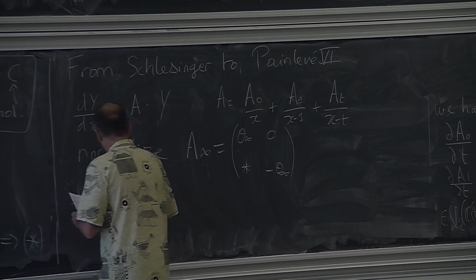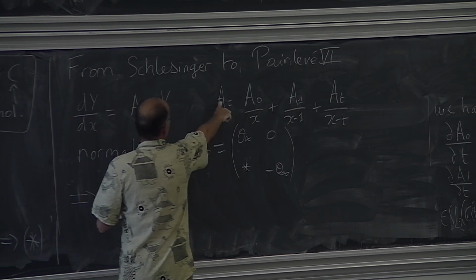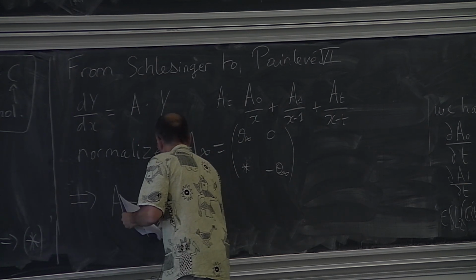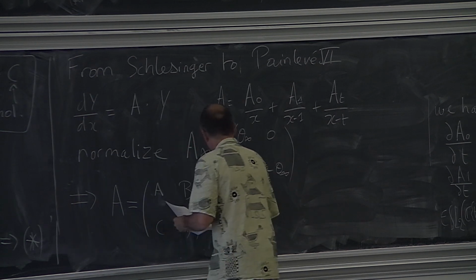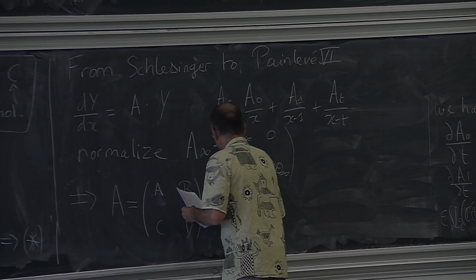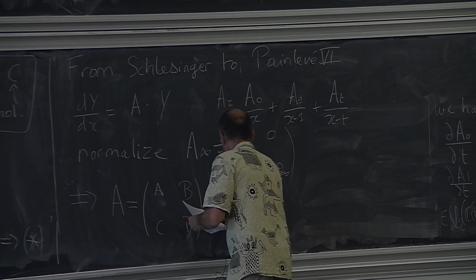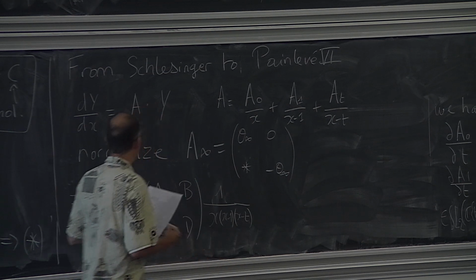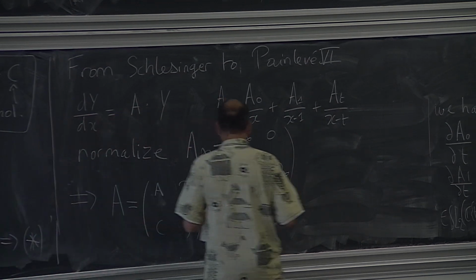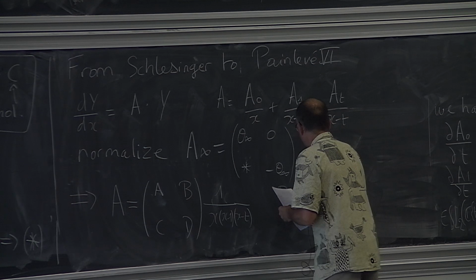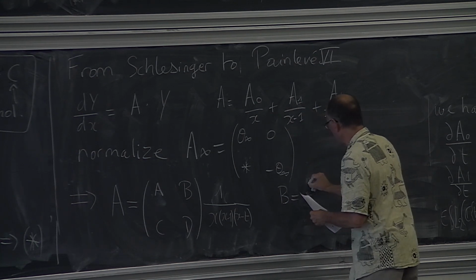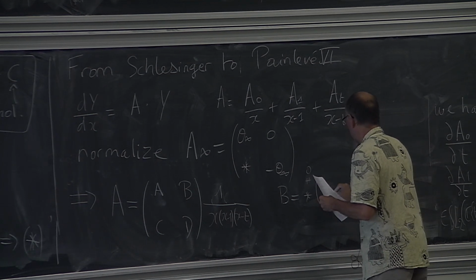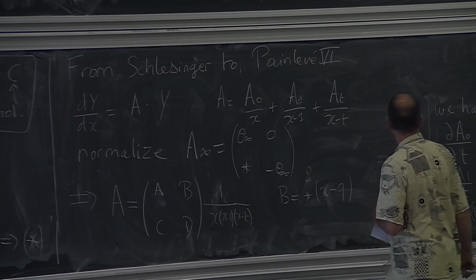And then this implies that the matrix A is of the form (A, B, C, D) multiplied by 1 over x, x minus 1, x minus t, with A, B, C, D polynomials, and B is of the form something which is not 0, times x minus q.